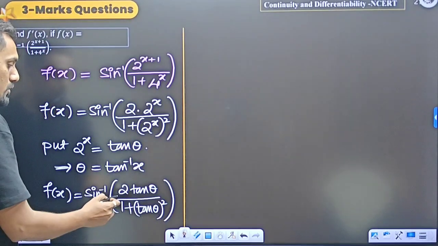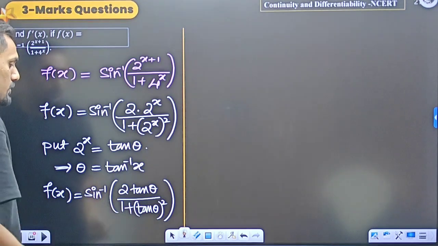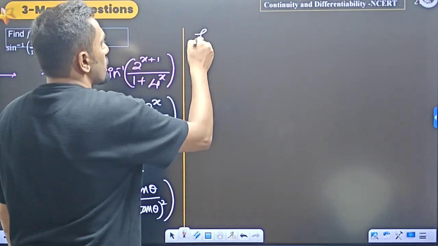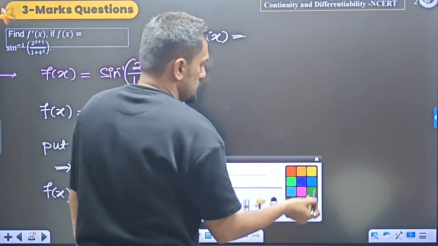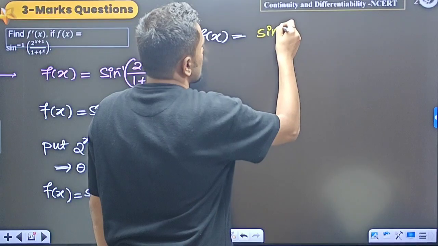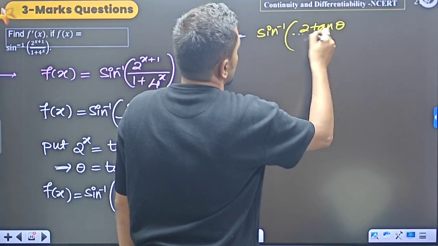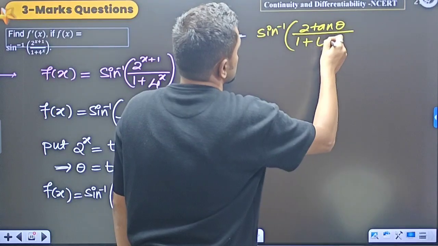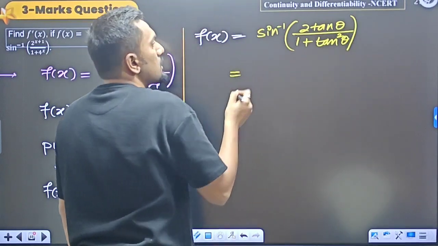So 2 tan theta divided by 1 plus tan square theta. Therefore f of x is equal to sine inverse of 2 tan theta divided by 1 plus tan square theta, right?